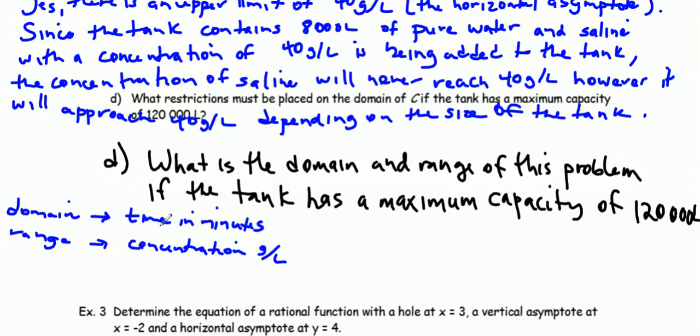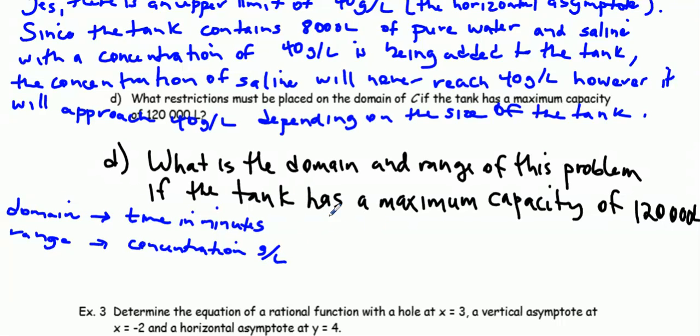Okay, so if my tank is 120,000 liters, and I started with 8,000 liters of pure water in the tank, then the maximum amount of saline solution that I can add is the difference between the two, obviously. And the minimum amount that I can add is 0 liters. What if my hose breaks or something? But that's not what we're being asked for in the domain. We're being asked for the time. So if you go back to the question, it said that the water was being added at a rate of 500 liters per minute.